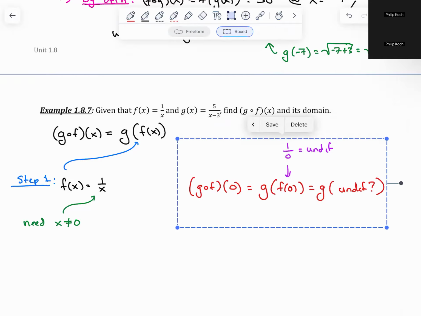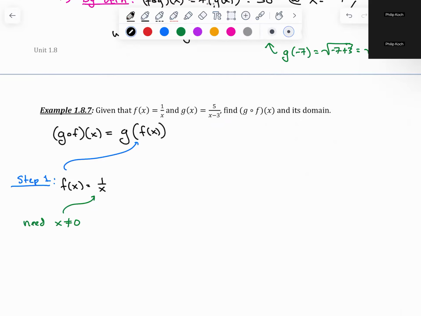Now we will work on the next thing. So we will actually compute it. f of x is 1 over x, so this is g of 1 over x. We're going to plug in 1 over x for every instance of x that we see. g is 5 over x, so that'll be 5 over 1 over x minus 3.